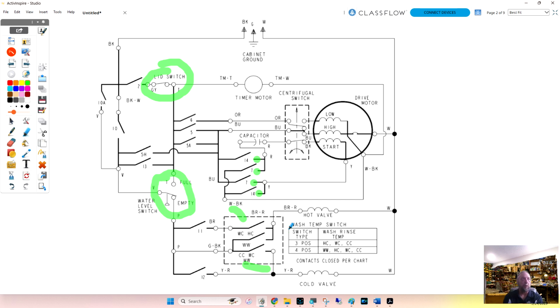When Whirlpool made this washer, the first thing they did is try to keep the colors of the components the same as the belt drive washer. Blue was the high speed in the motor, orange was the low speed, and the start was yellow and red, sometimes yellow and black, but all the colors were the same.